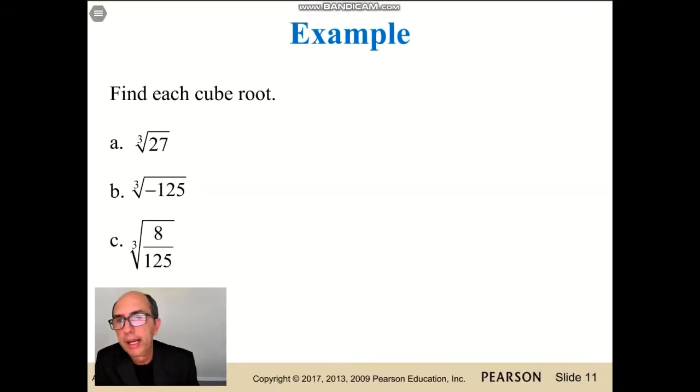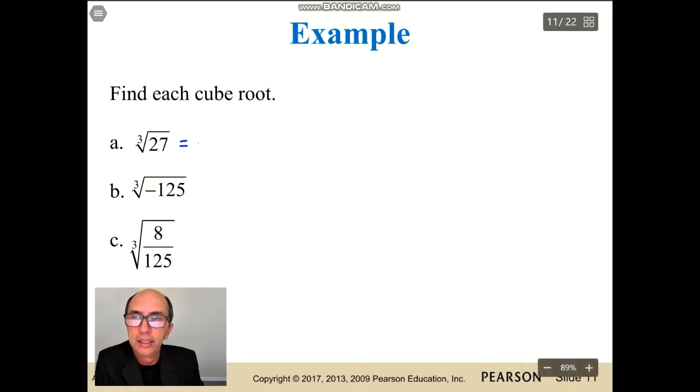Let's check some examples, and again, you can calculate this by hand, or you can just use your calculator. Square root of 27, no, it's cube root. Now we're working with cube roots. The cube root of 27 is 3, right? 3 times 3 is 9, times 3 is 27.